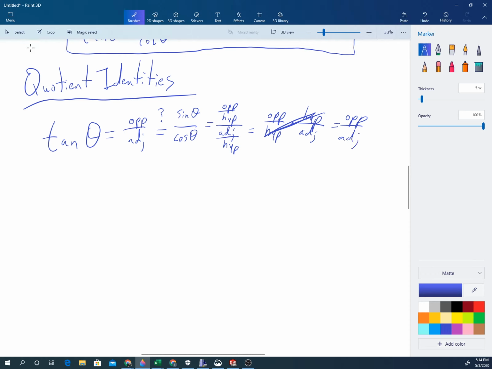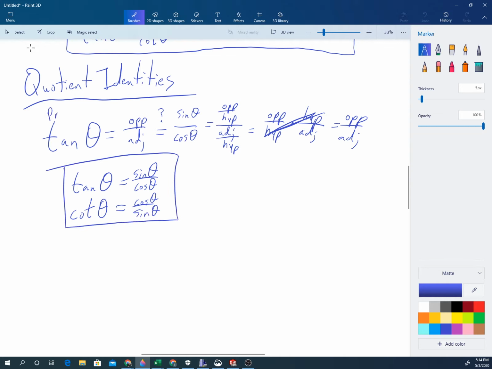So your first quotient identity is just that tangent of theta is equal to sine of theta over cosine of theta. And since cotangent and tangent are the same thing but one's upside down from the other, your other quotient identity is that cotangent is equal to cosine over sine.